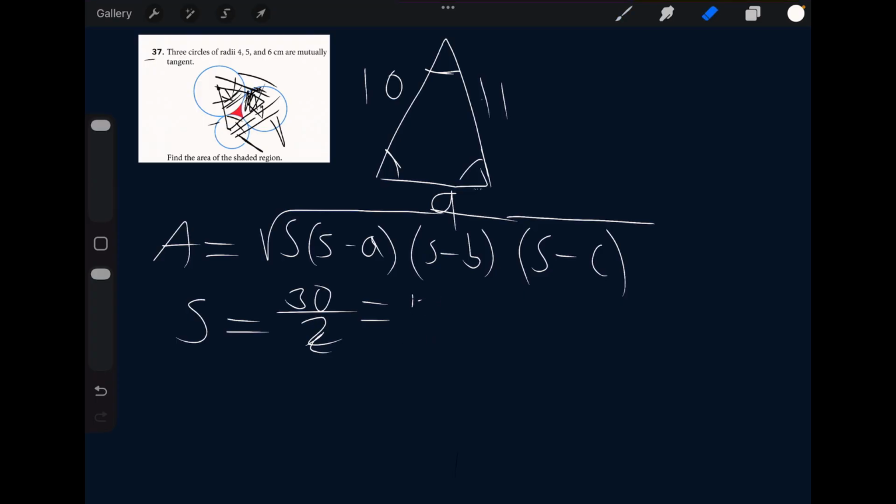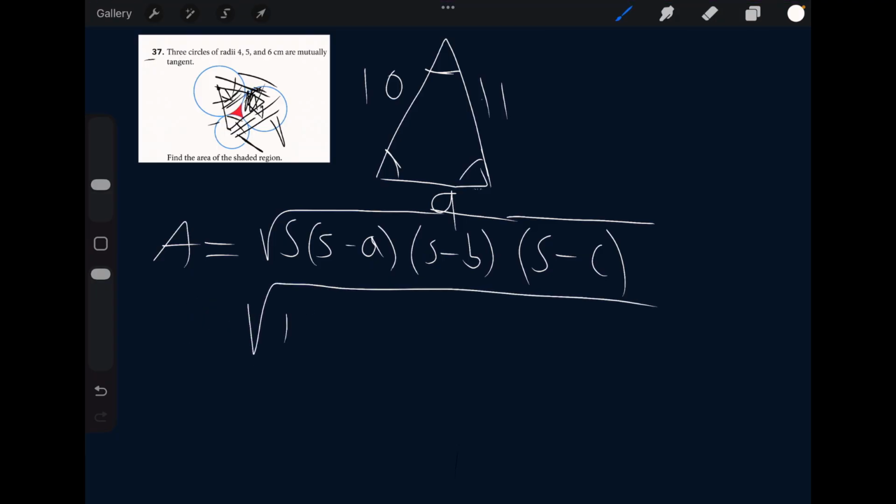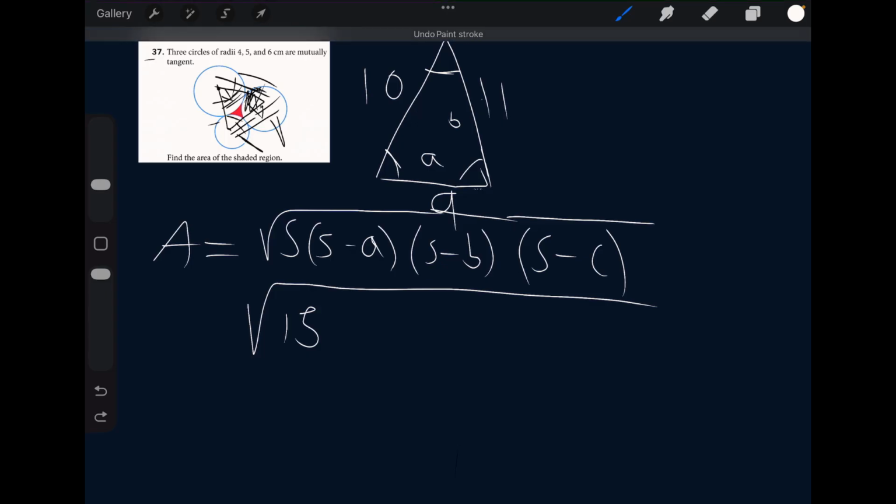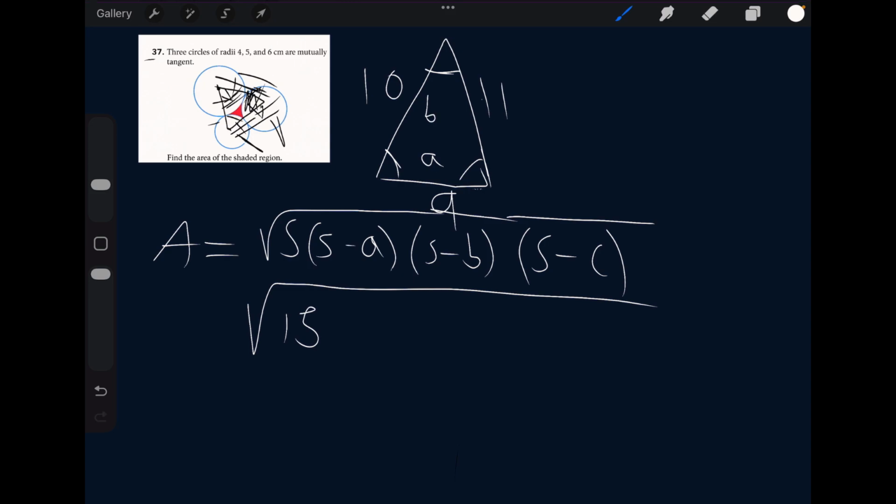That will give us that the area is the square root of 15, and then we can call this side A, this side B, and this side C. So times S minus A will be 15 minus 9, and that will be 6, times 15 minus 11, which is 4, times 15 minus 10, which is 5, and that'll just give us the square root of 1800.